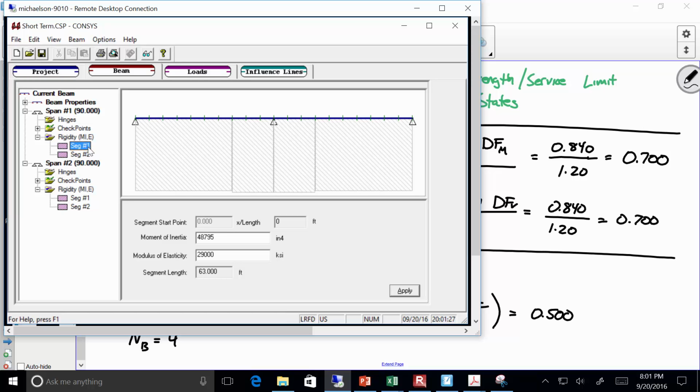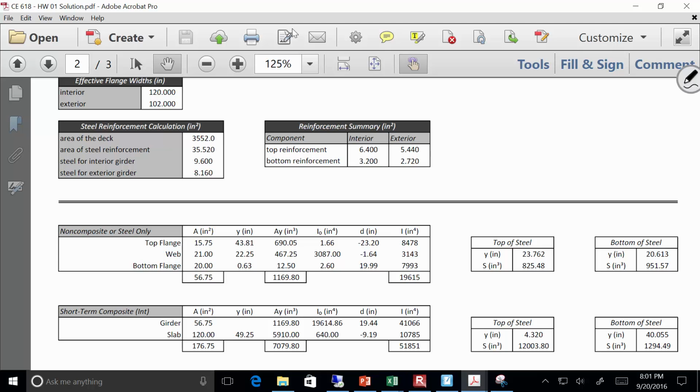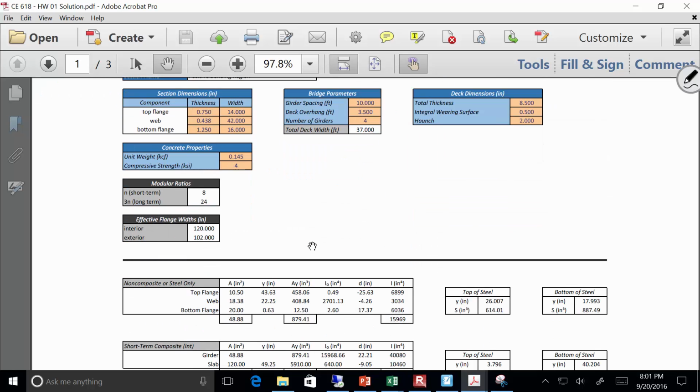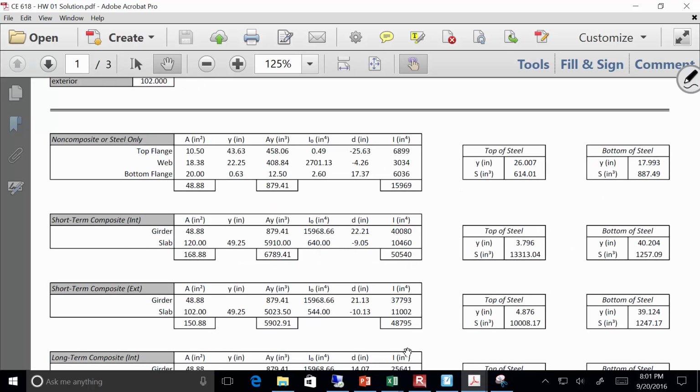For the positive bending region of an exterior girder, I'm using 48,795. So you see where that's coming from.